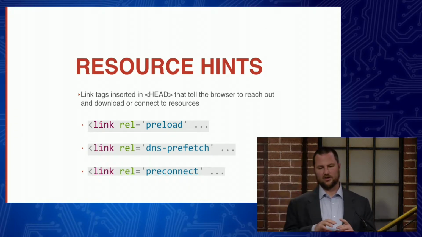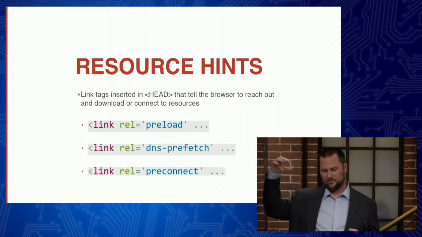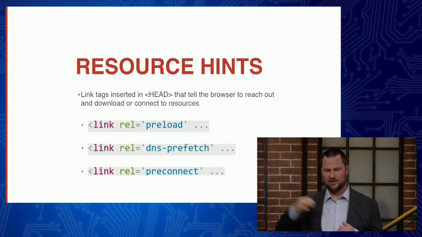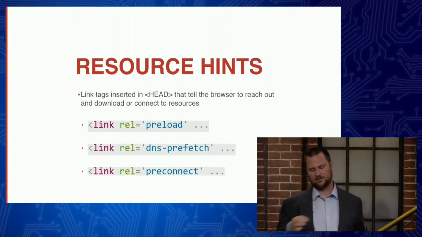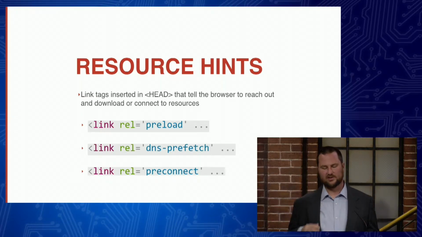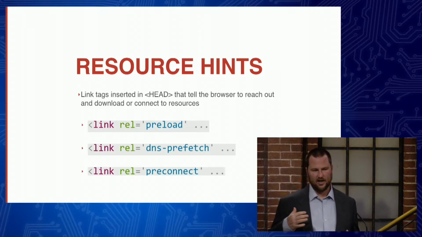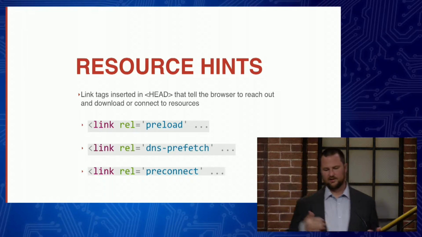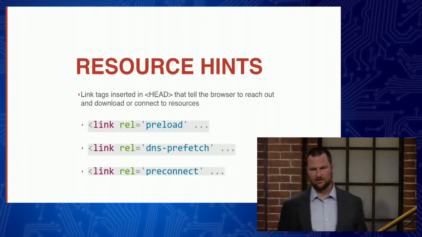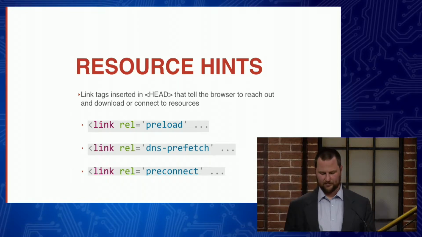Preconnect will tell the browser to actually connect up to these separate domains and just maintain that connection for a second until it starts downloading assets. And that's super useful, especially if you're using SSL or TLS or whatever, and it has to negotiate that security, encryption, and all that public key stuff, and that can take time.